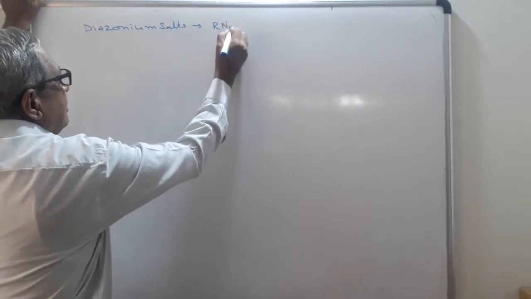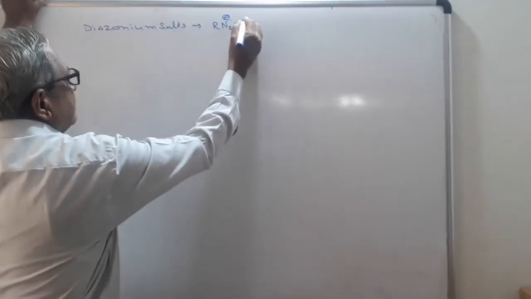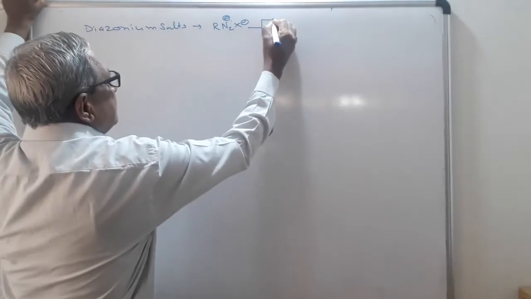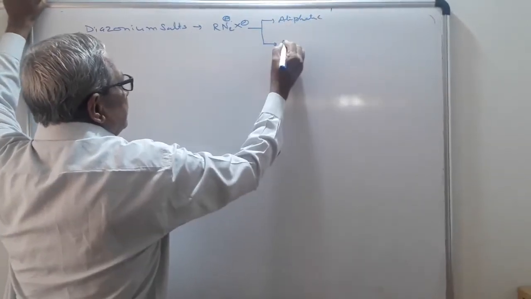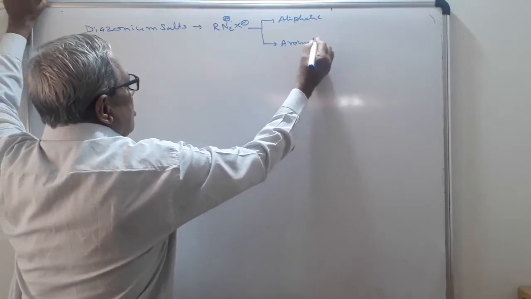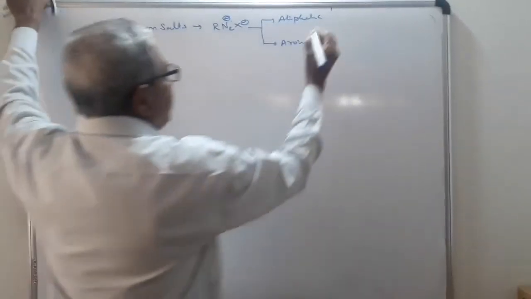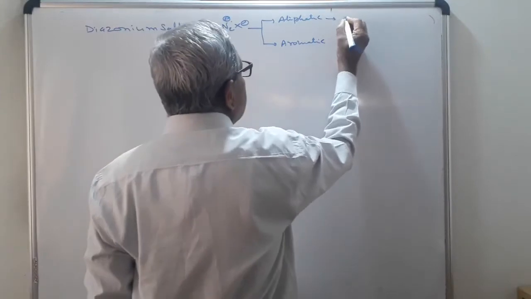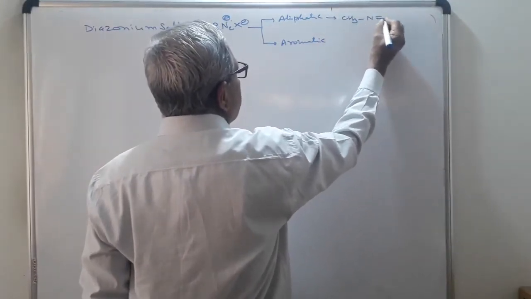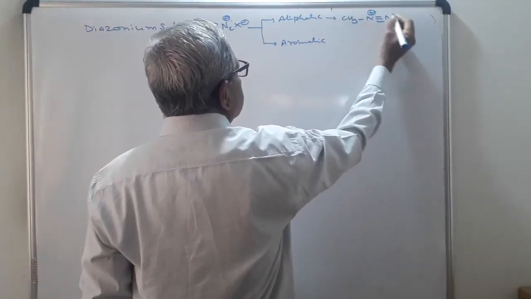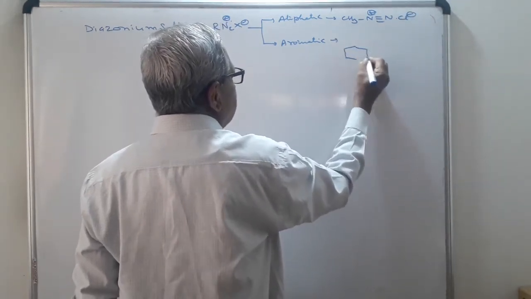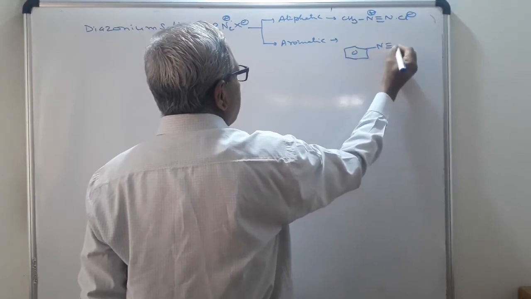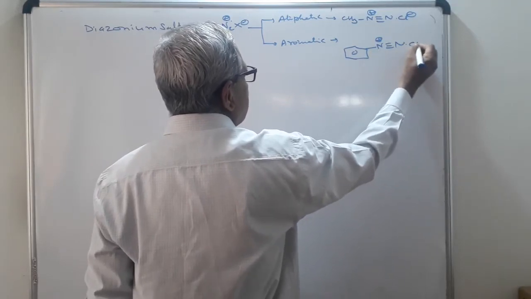These are shortly denoted as RN2 plus X minus. These are of two types. One is aliphatic and another is aromatic. See the example of aliphatic: methyl, CH3 N triple bond N plus Cl minus. See the example of aromatic: benzene ring N triple bond N plus Cl minus.